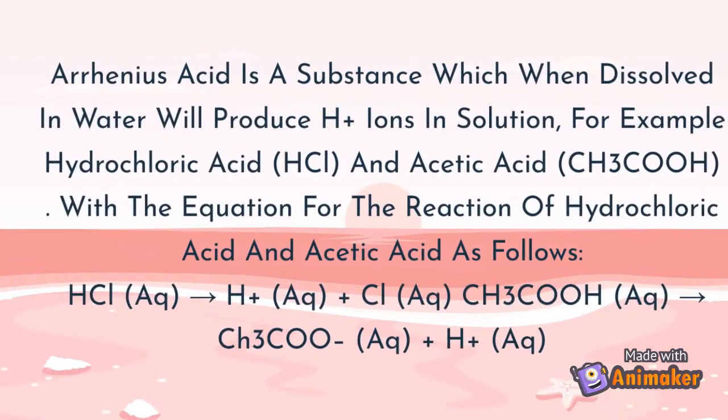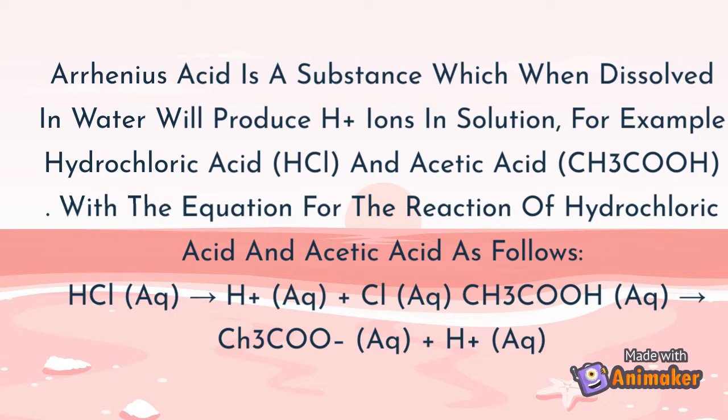An Arrhenius acid is a substance which, when dissolved in water, will produce H+ ion in solution. For example, hydrochloric acid and acetic acid, with the equation for the reaction of hydrochloric acid and acetic acid as follows in the picture.